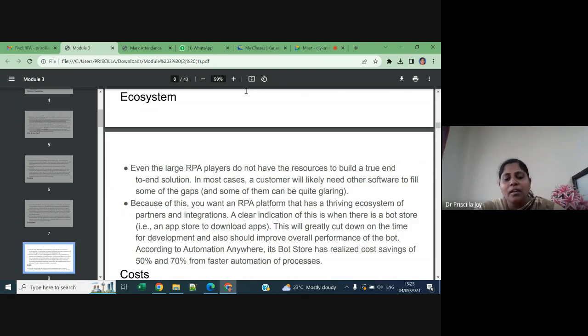When we try to build this, we need a thriving ecosystem of partners as well as integration, without which we can't move towards it. The overall system performance cannot be increased when we are not integrating both.